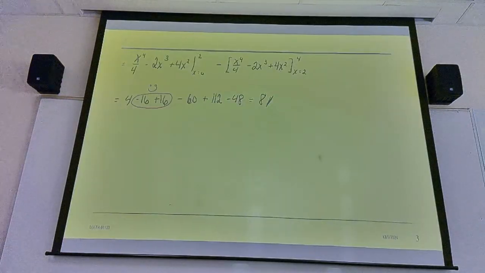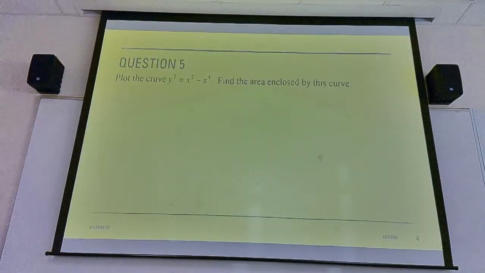This one's cool. Plot the curve y squared equals x squared minus x to the 4th.